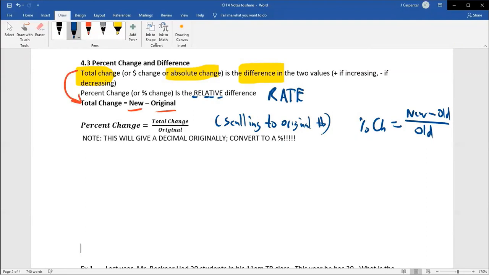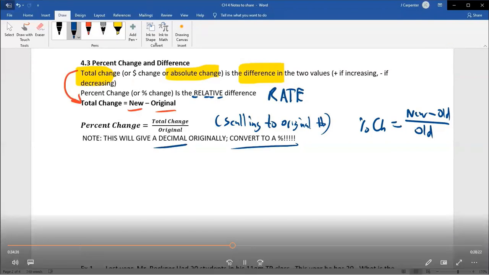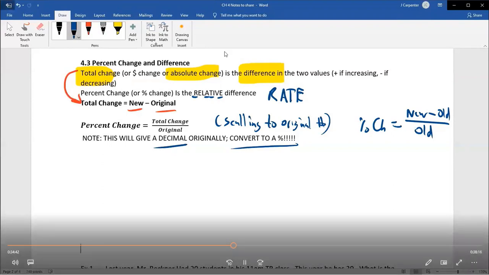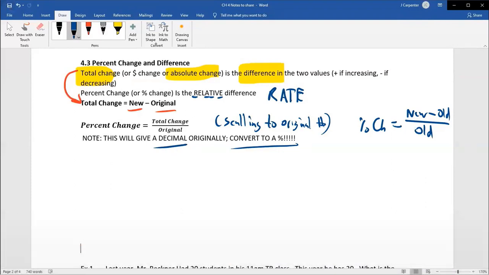But please understand that since the word percent is in the topic, the answer should be a percentage. But when you do the division, I don't see a scale to 100 anywhere. We scaled it to the original. So this is not going to be a percentage. It will be a decimal originally that you have to convert to a percentage. In other words, move the decimal right twice, or set it equal to a fraction, blank over 100, because then that would be doing a proportion. You have options.